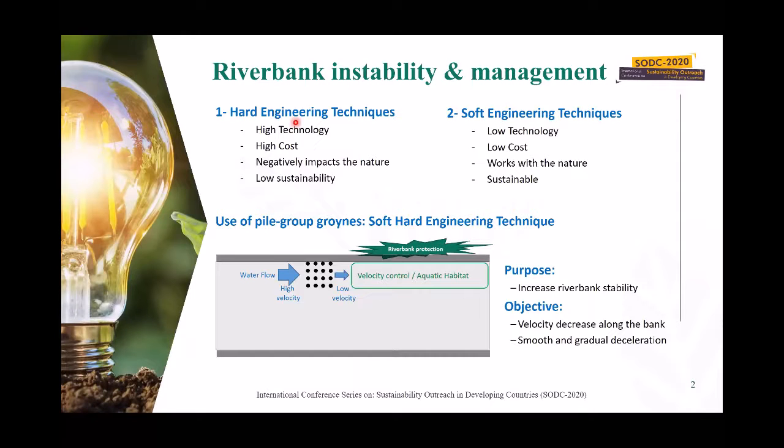But the use of pile group groynes is classified as a soft and hard engineering technique. Although the pile group groynes are man-made structures, so they should be a hard engineering technique, they don't require high technology, because they can be constructed using local material.